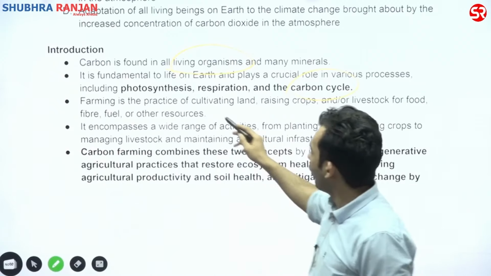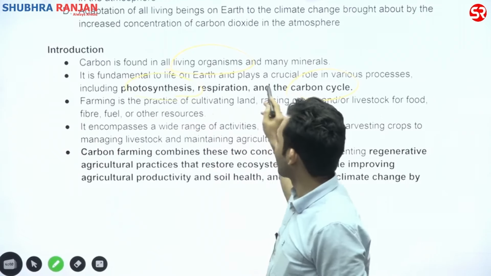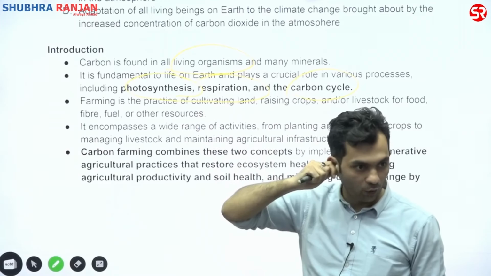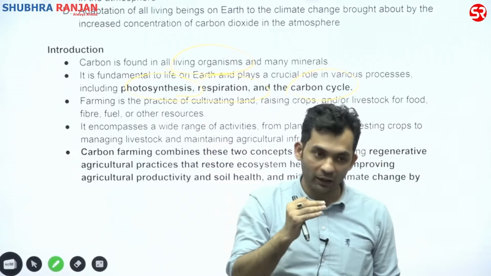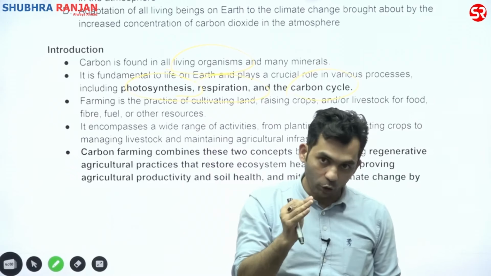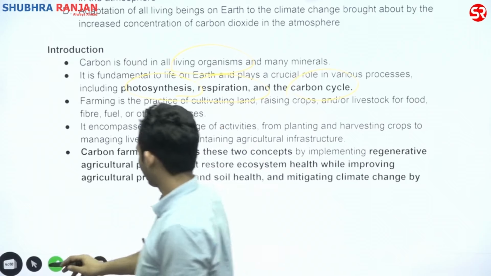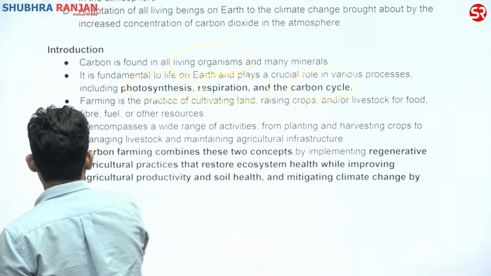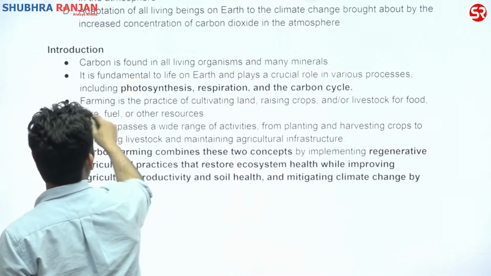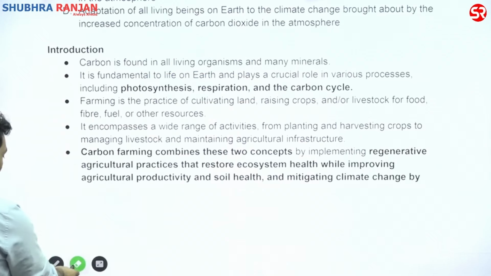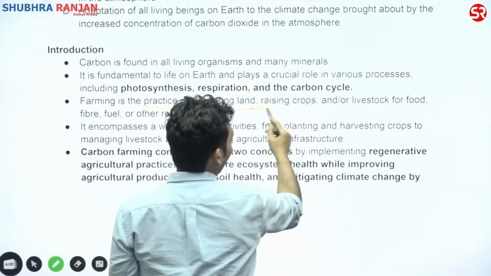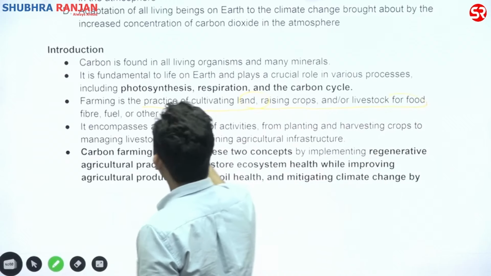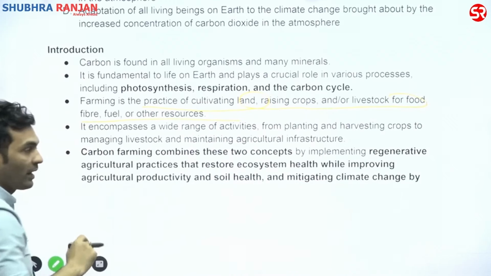We all know that photosynthesis and respiration take place on Earth, and in that carbon plays a very important role. What is farming? Yes, the practice of cultivating land, raising crops or livestock for food, fiber, fuel.